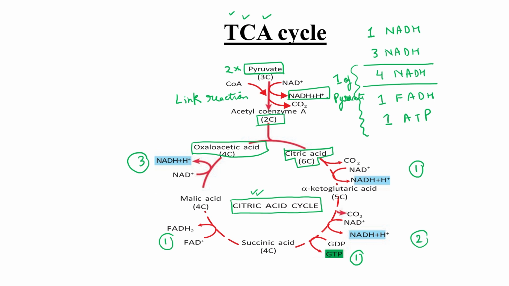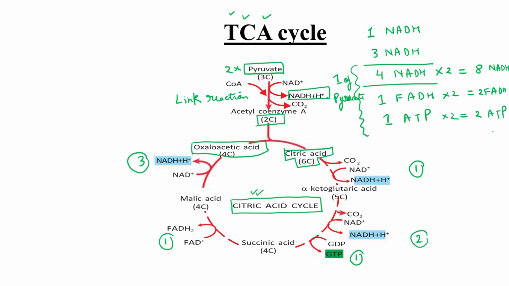So if somebody asks how many NADH or FADH are generated by utilizing 1 molecule of glucose, then we can write 4 into 2, that means 8 NADH, 2 molecules of FADH, and 2 molecules of ATP.